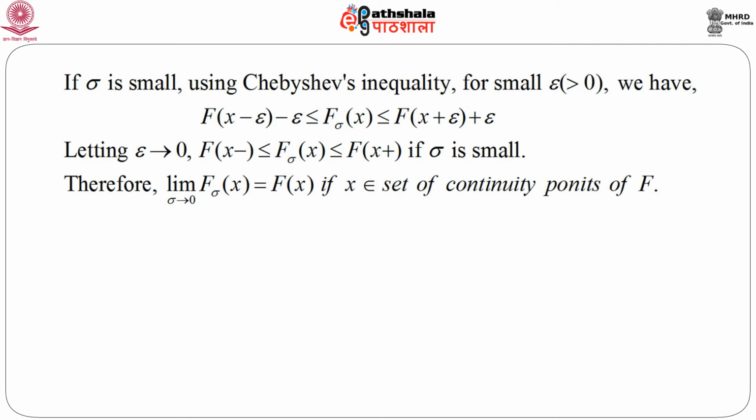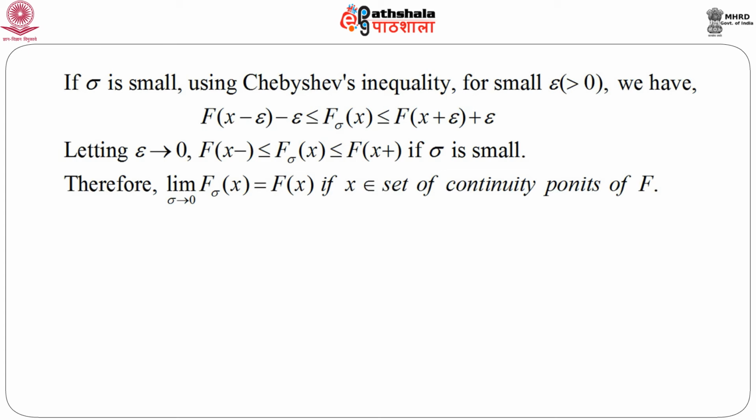So, we can write capital F of x minus is less than or equal to capital F sigma x, which is less than or equal to capital F of x plus, if sigma is small. And therefore, we can immediately write, as sigma goes to 0, capital F sigma x equals capital F of x, because x we have assumed belongs to the set of continuity points of f. So, the equality holds as sigma goes to 0.